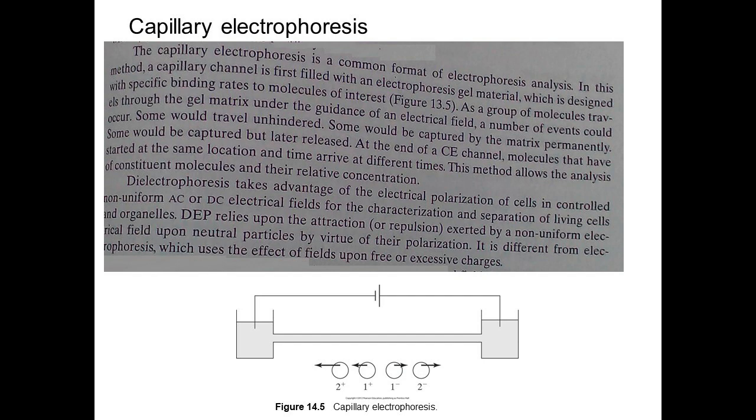Dielectrophoresis relies upon the attraction or even repulsion exerted by a non-uniform electrical field upon neutral particles by virtue of the polarization. So you can see that it manipulates the polarization in the non-uniform electrical field. It is different from electrophoresis, which uses the effect of fields upon free or excess charge.